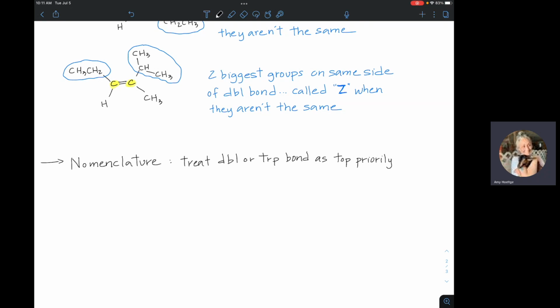So when you're naming these and numbering them, when I say give it priority, I mean give it the lowest possible number. So in other words, they are the most important piece of the molecule, if these are the only pieces of functionality on the molecule. So they will be most important.